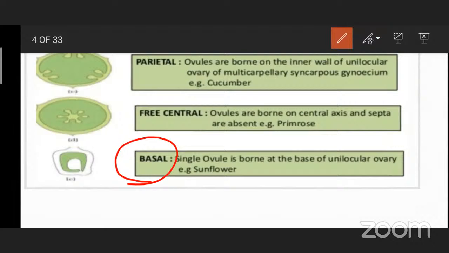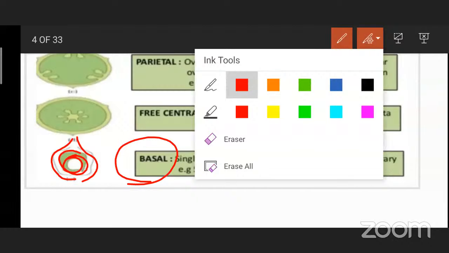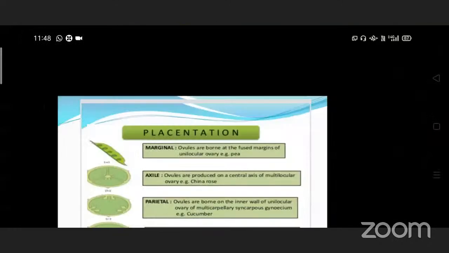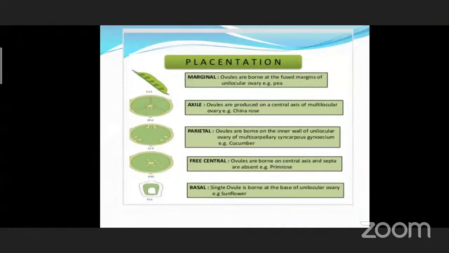In basal placentation, a single ovule is borne at the base of a unilocular ovary. Example, sunflower. Total five placentations are there: marginal, axial, parietal, free central, and basal.